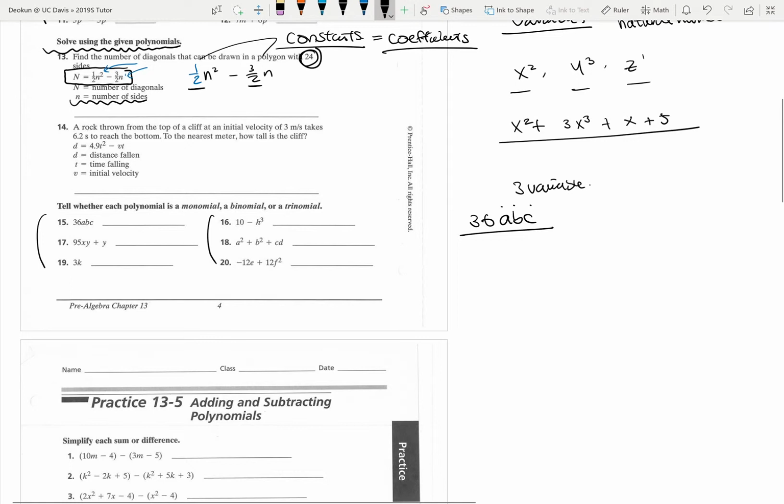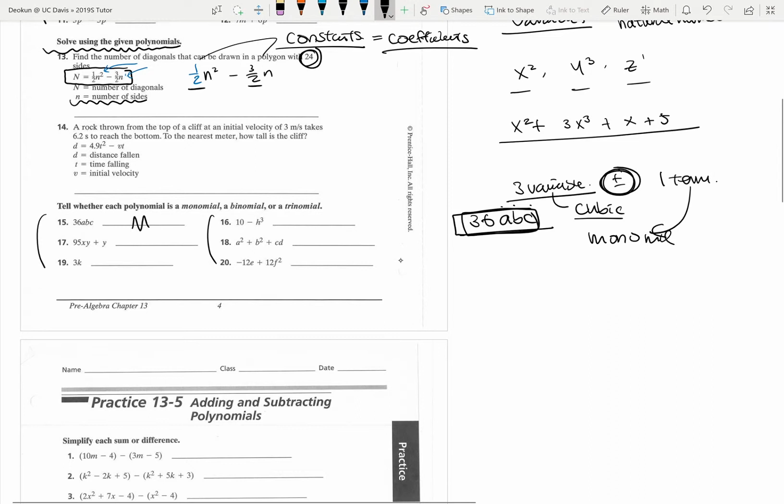But I do not see any plus or minus. When there is no plus or minus, we consider it as one term. So this whole thing is one term with 3 variables. So I consider it as 3 variables gives you cubic. It's a cubic of something, and monomial because it's one term. So the answer for this one will be monomial.